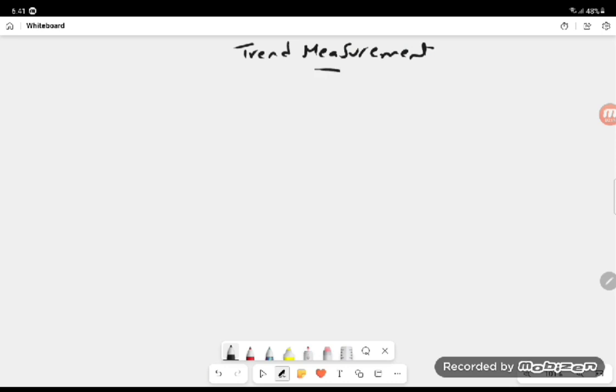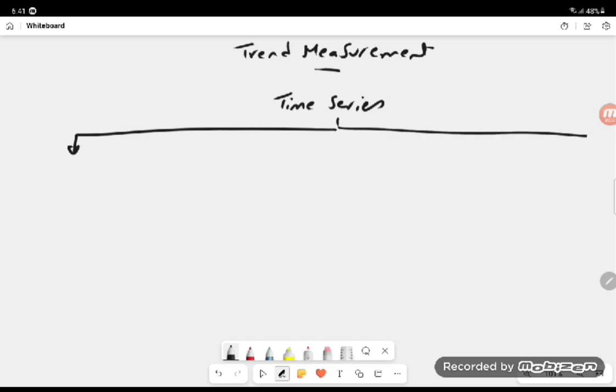As we said last time, time series data consists of four main components: trend, seasonal, cyclical, and random.